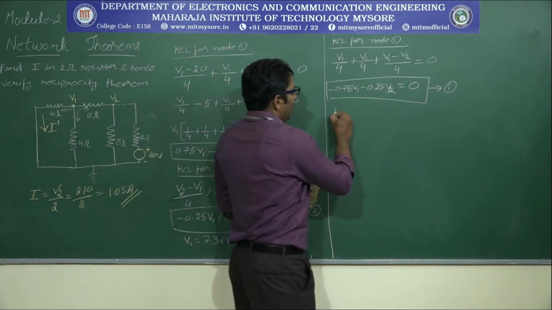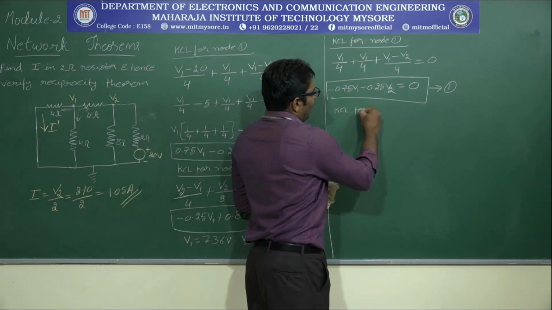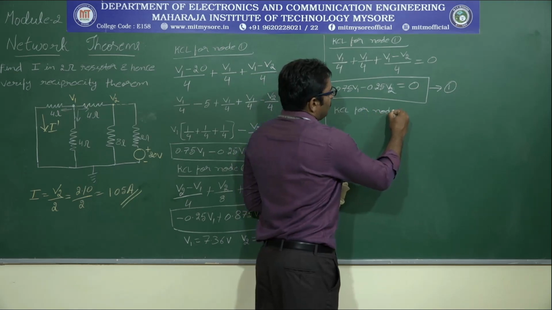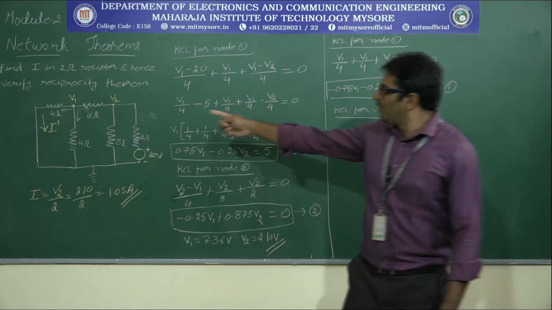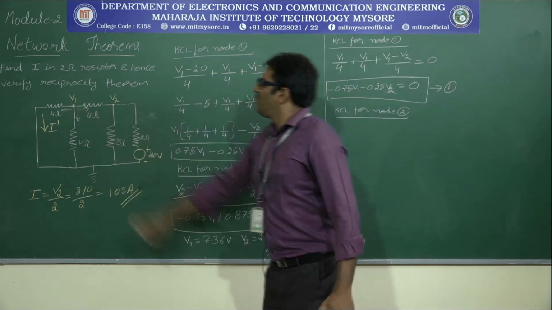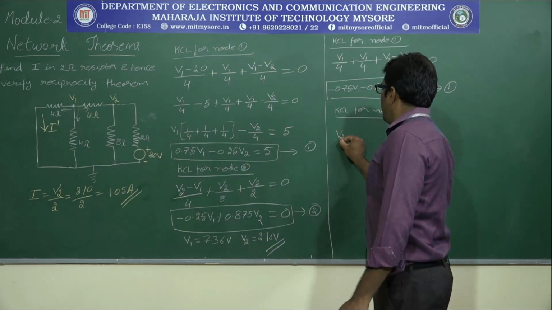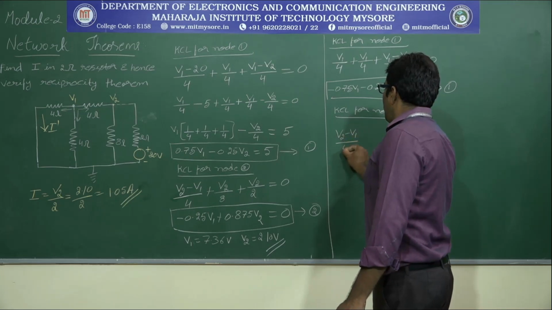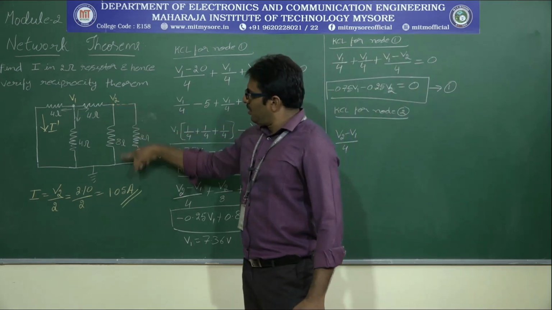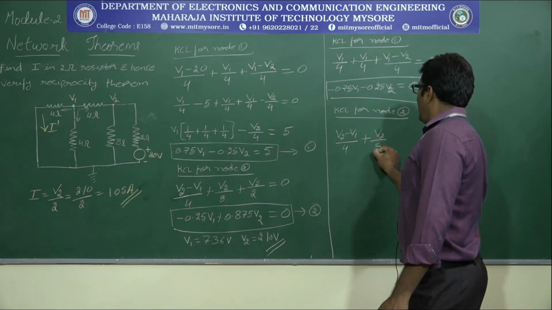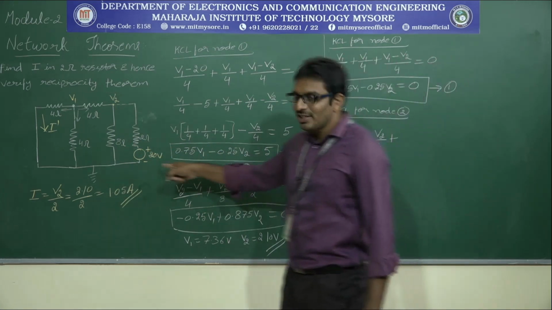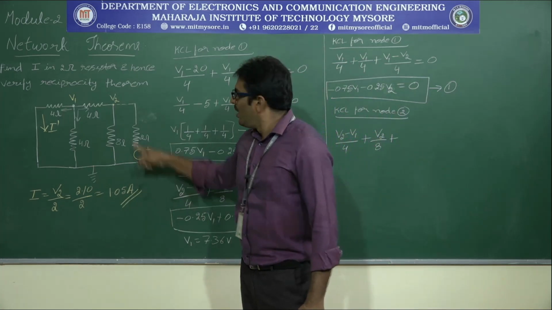Now KCL for node 2. Just consider node 2. Yes, V2 minus V1 by 4, next V2 minus 0 by 8, V2 by 8, plus, now there is a voltage source here, correct?